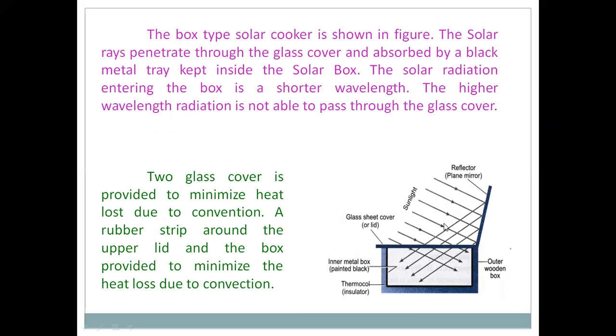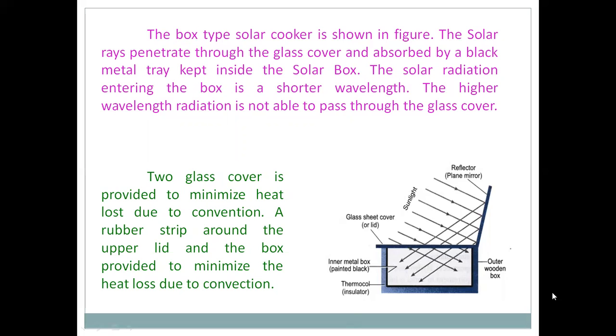The two glass covers are provided to minimize the heat loss due to convection on the top. And of course, a rubber strip is also arranged around this glass plate to minimize the heat loss due to convection. In convection, the heat loss occurs due to the motion of particles from one place to the surroundings.